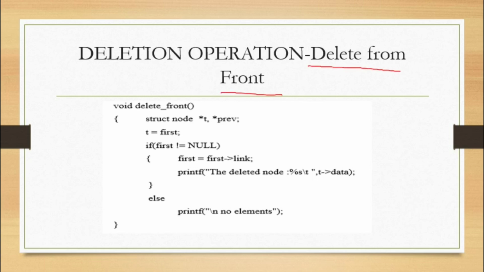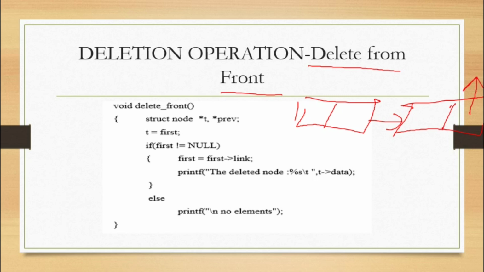Okay, we can also do that, delete from front. So how do we delete from front? So students, remember how the linked list will be, as I have shown you in the previous slide. So this will be our linked list structure. Of course this will point to null.